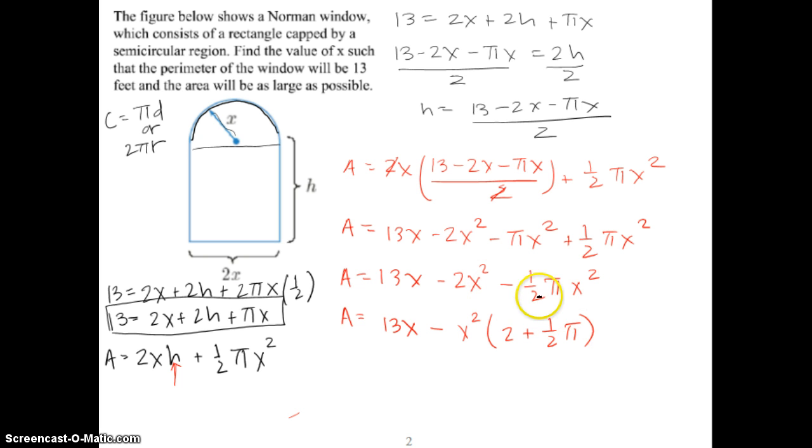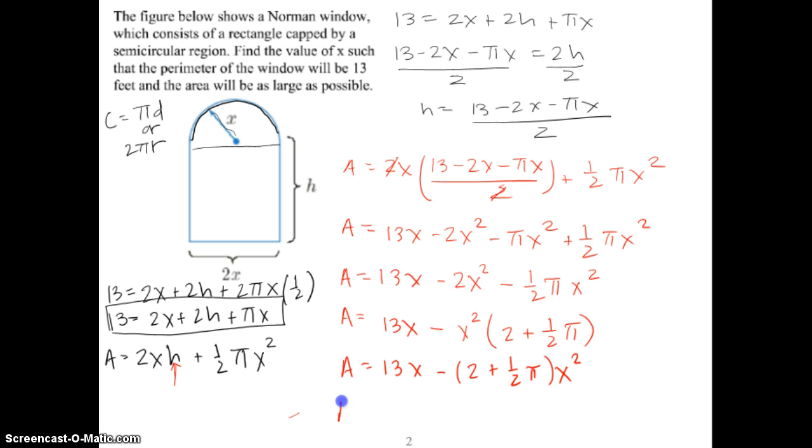So do you see I just combined those like terms? They both have x squared as their unknown, and then we're left over with 2 and then 1/2 pi because I factored the negative out also. So now we should probably rewrite this as a equals 13x minus parentheses 2 plus 1/2 pi x squared.